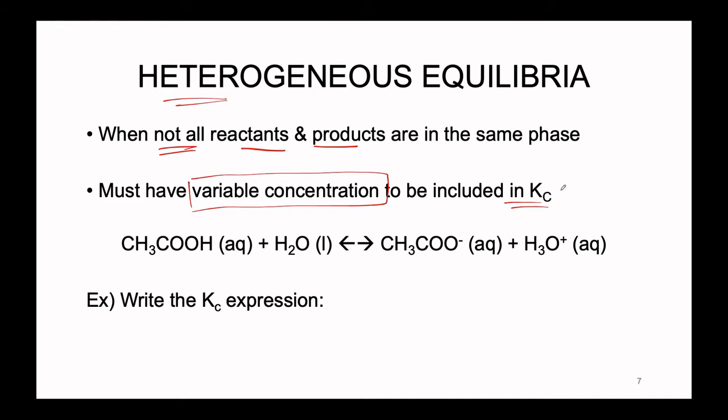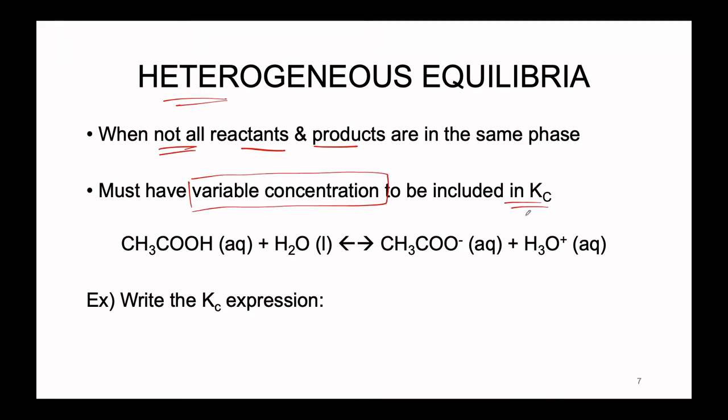This is not to say that the concentration of anything that is not variable doesn't matter to the reaction rate, but when it comes to looking at ratios of products to reactants, any variable that doesn't change concentration ends up not mattering to the equilibrium constant since it gets canceled out, right?